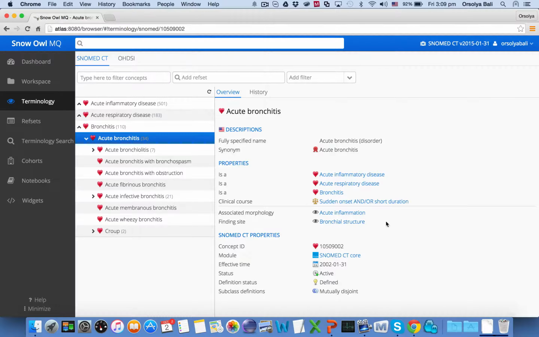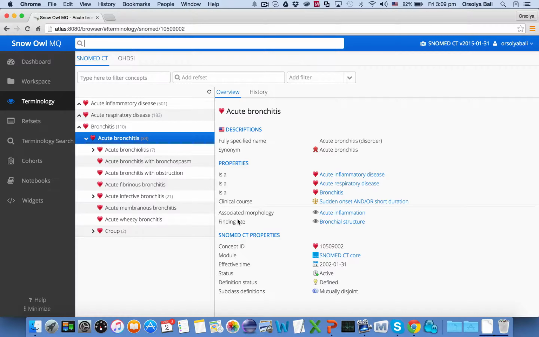So if we were ever going to create a query or a categorization of concepts based on some of the definition that they have, then these are the type of properties that we could use. So for example, it is possible to retrieve a set of concepts from SNOMED CT where the finding site for all the concepts is bronchial structure, and they do not necessarily have to be inflammations, or infectious diseases or neoplasms.